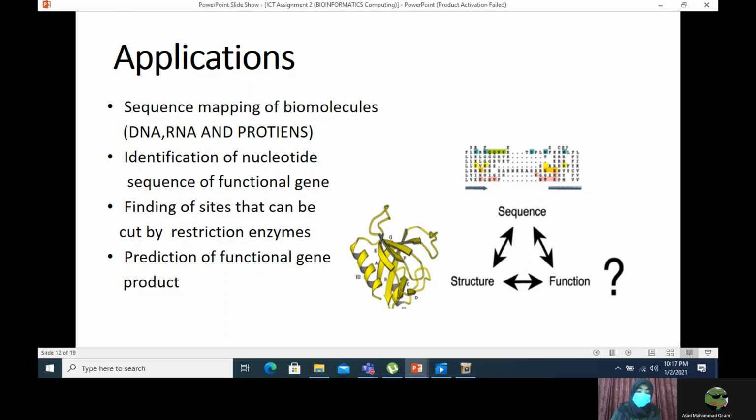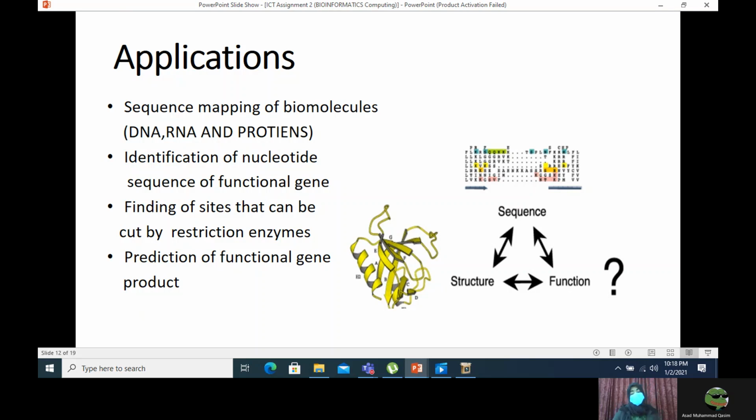Number three, we can use it in finding the sites that can be cut by restriction enzymes. For example, when we have to optimize the working of something, we attach enzymes to it. These enzymes are attached to some specific sites, so we can find those sites by using bioinformatics.